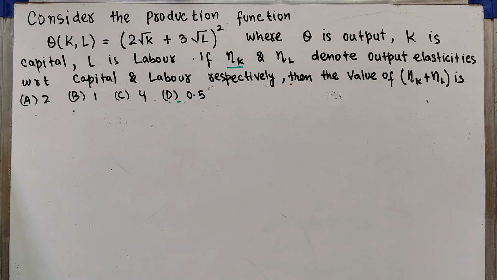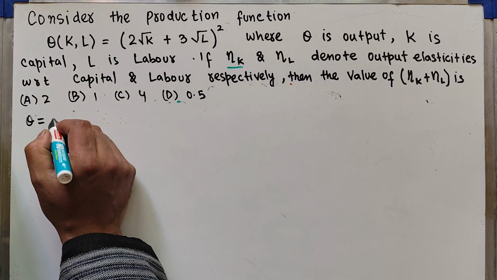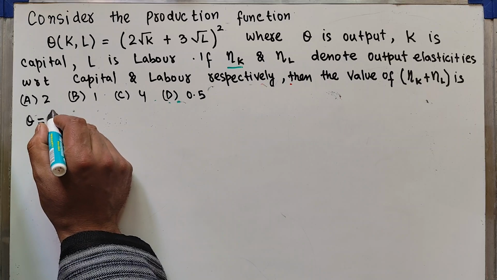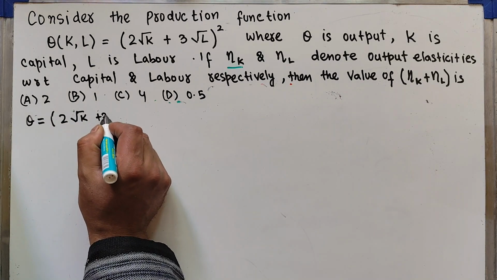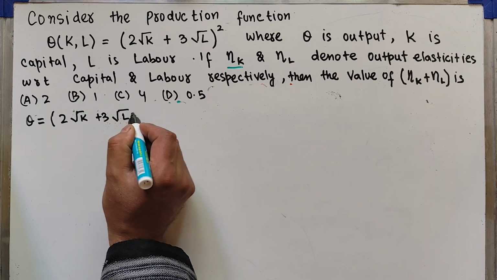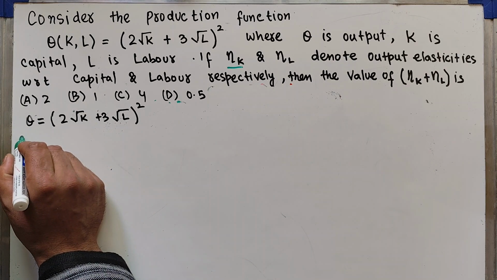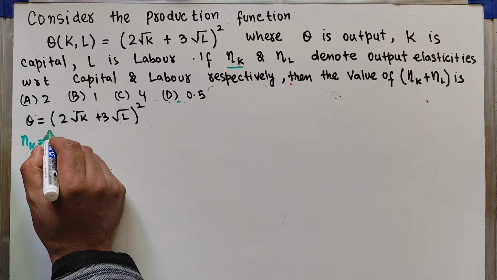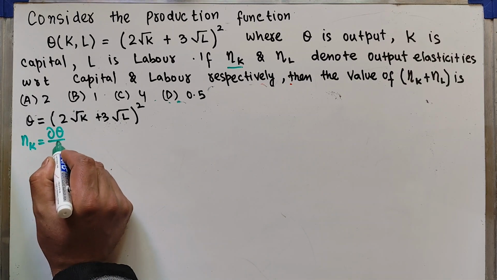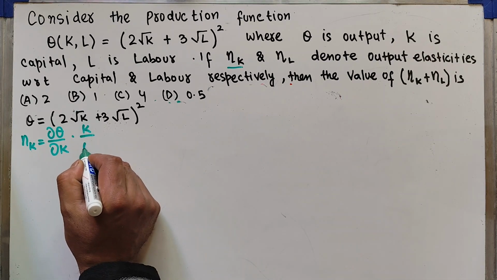Okay, so given this production function, if I rewrite it as Q is equal to (2√K + 3√L)², then the output elasticity of capital is given by the change in the output due to change in the capital times capital upon output.